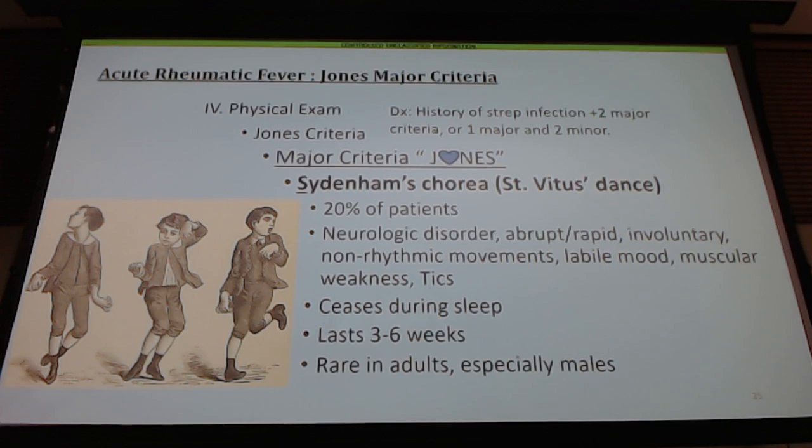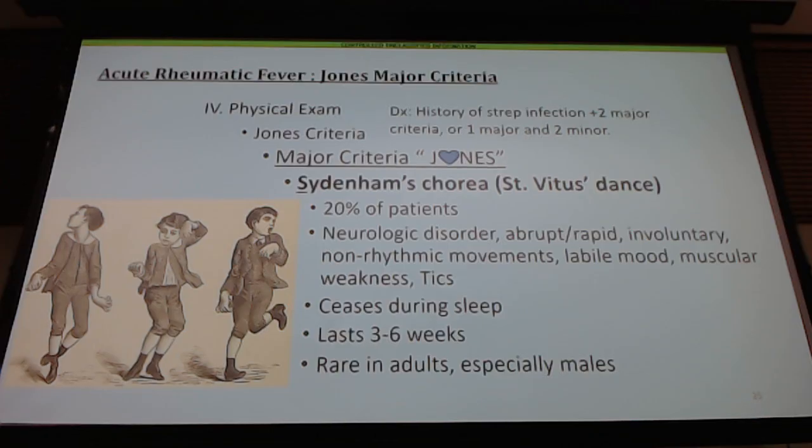And then our S is probably the most concerning of the Jones major criteria symptoms, and that's the Sydenham's chorea, which is this rhythmic, uncontrolled kind of tic or movement disorder that can develop in 20% of your patients with acute rheumatic fever.